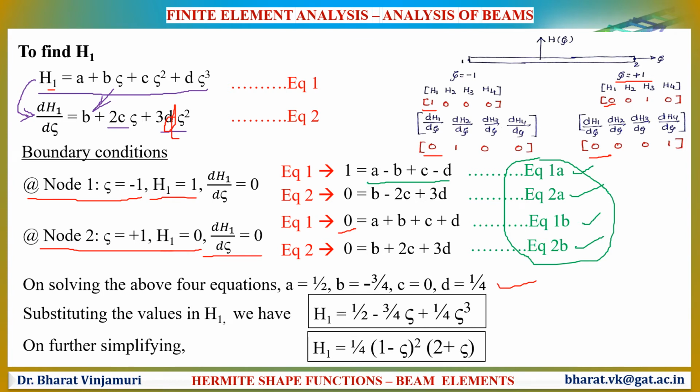Substituting these values in equation 1, we will be getting the equation of h1. On further simplifying, we will end up in the shape function h1 is equal to 1 by 4 into (1 minus zeta) whole square into (2 plus zeta).